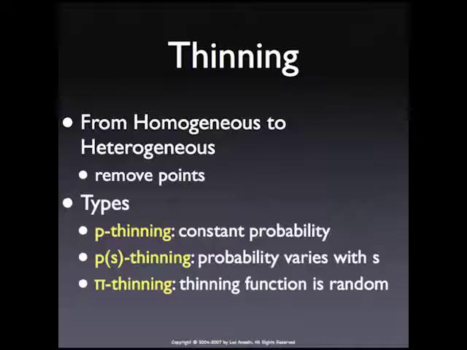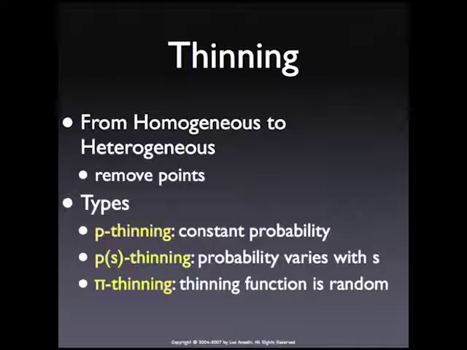And the method that we use is called thinning. Thinning is basically kicking out points. So let's say you start with 200 points and you will kick out every other point. If the probability by which you kick out points is constant, this is called p-thinning, then the process that you get after thinning is the same as the process that you start with.